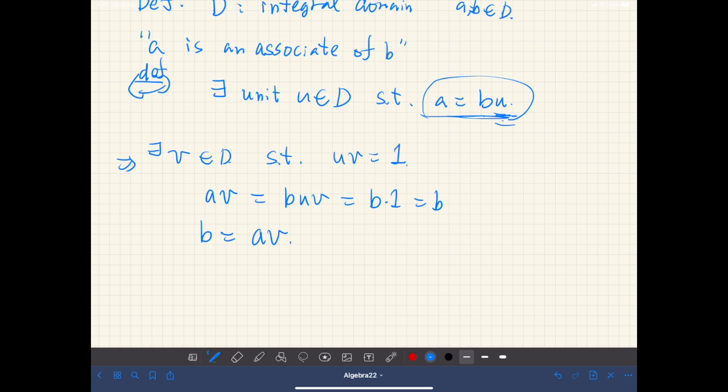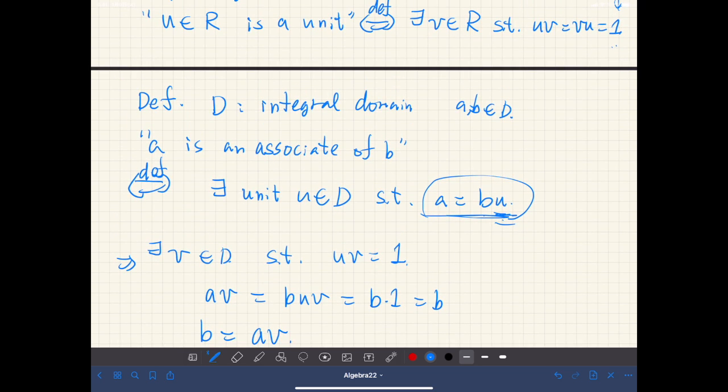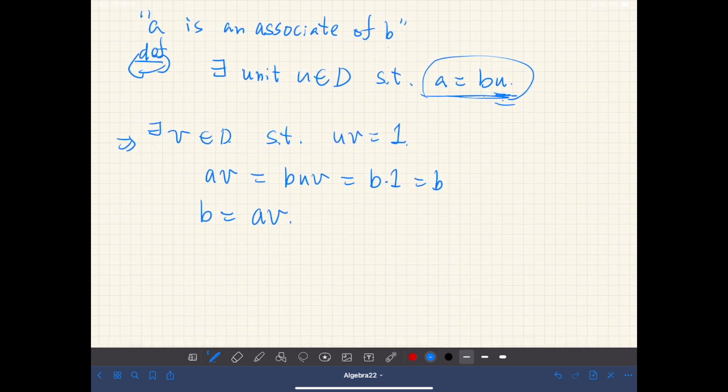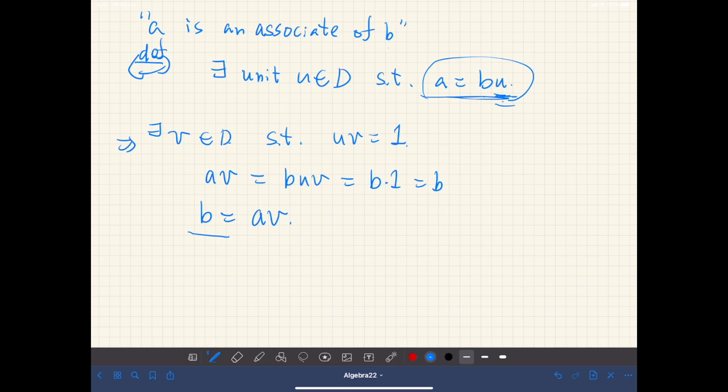So if A is an associate of B, then B is also an associate of A. In other words, the relation of being an associate is symmetric.